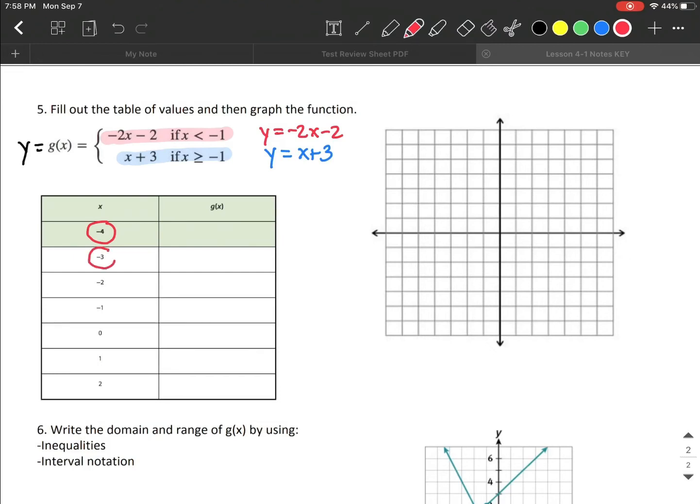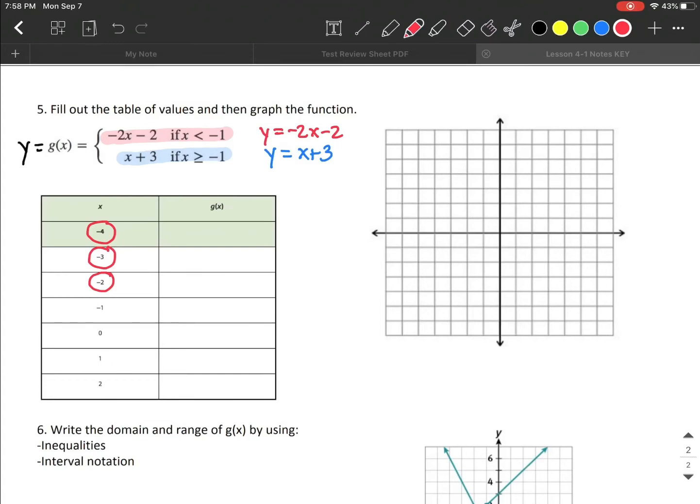Since negative 3 is less than negative 1, I'm using the red equation again. For negative 2, I know that's less than negative 1 as well, so I'm using the red equation as well. If I can use the red equation, I don't even need to look at the blue equation, because for piecewise functions, they should not be overlapping. It's only going to be included in one of the pieces.